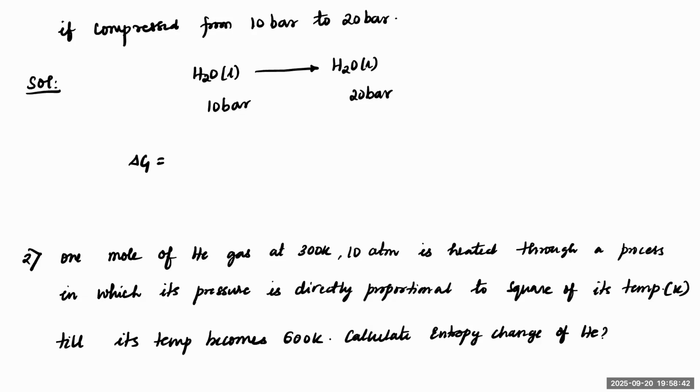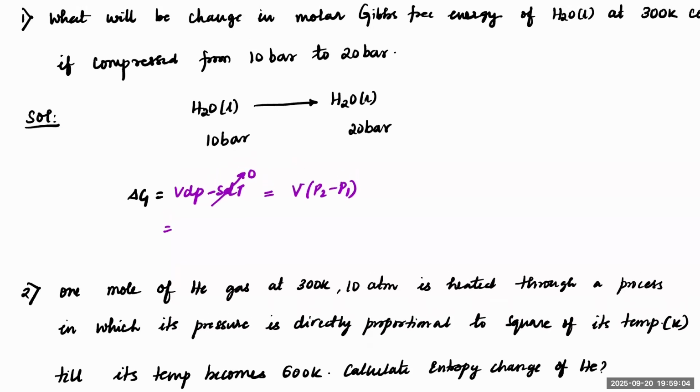See, delta G is VdP minus SdT. You know that this factor will become 0 because you are operating at constant temperature. So that is equal to volume V, which is constant, into P2 minus P1. And how do I express volume? Volume is mass by density.